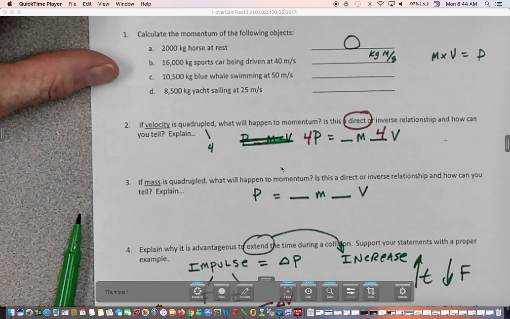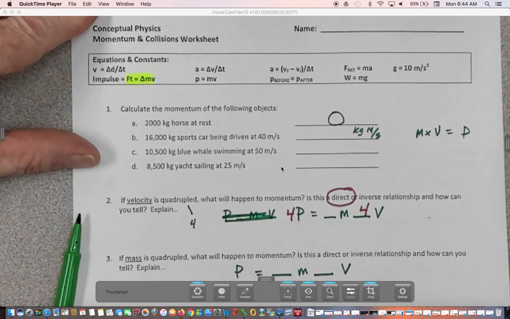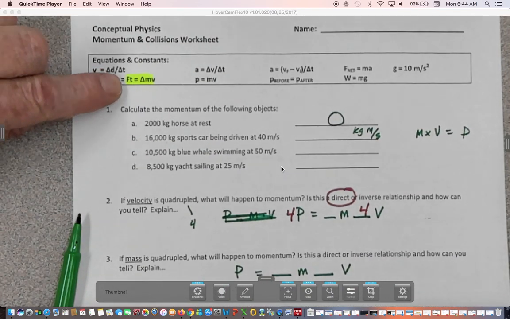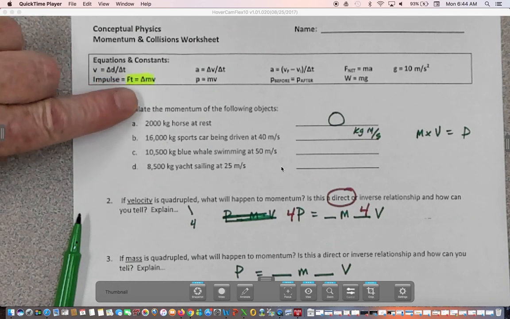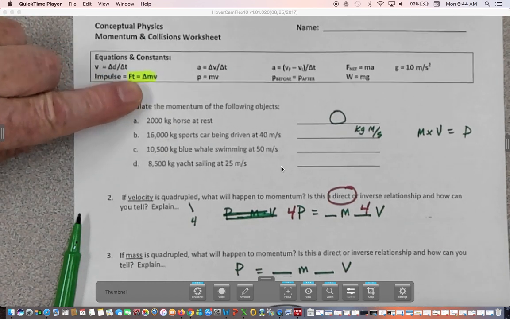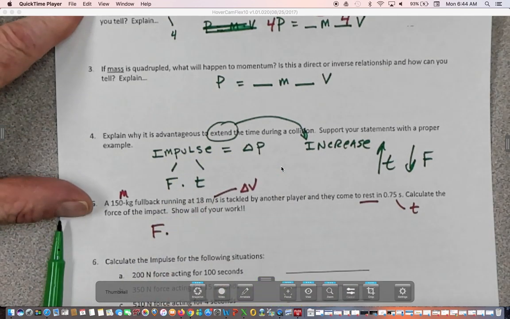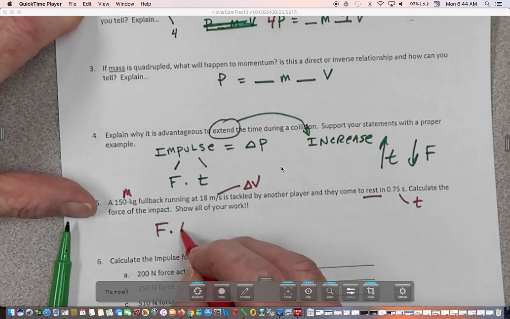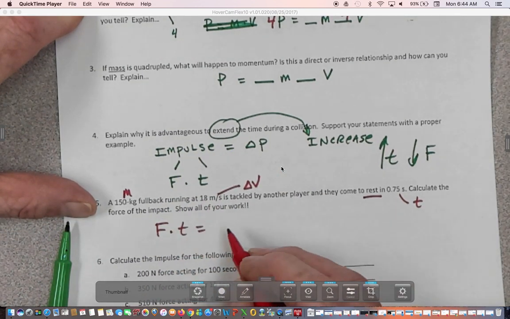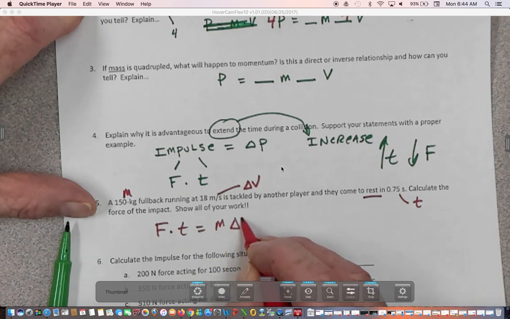Basically, that equation is exactly what I said earlier. Impulse equals change in momentum. This is change in momentum. That's a triangle. Impulse equals change in momentum. So F times time equals m times delta v.